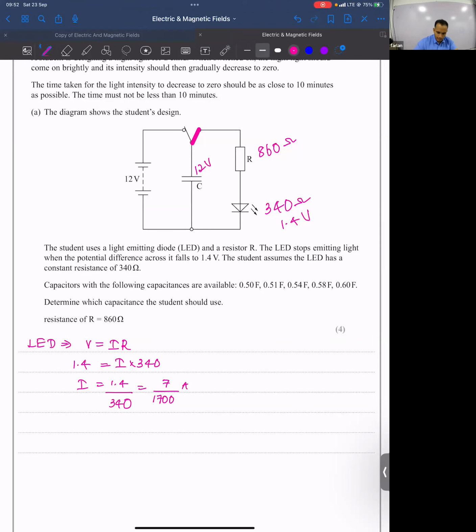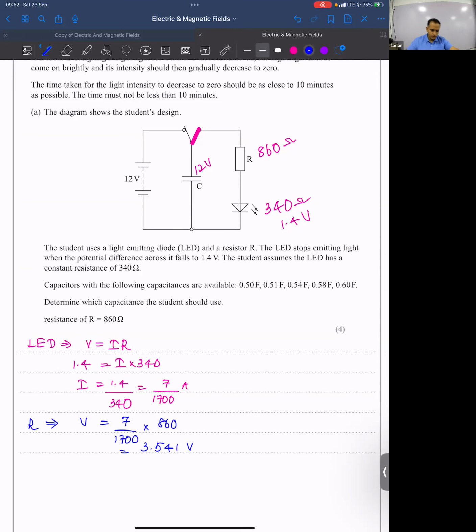Then for that moment, I will use it for the resistor R. The voltage is equal to IR. Voltage is 7 over 1700 times the resistance 860. That is 3.54 volts. To be more accurate, 3.541 volts.